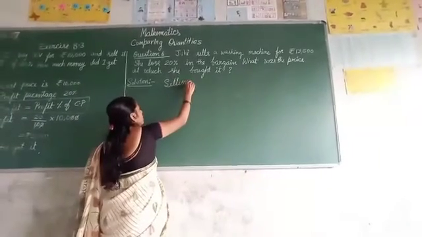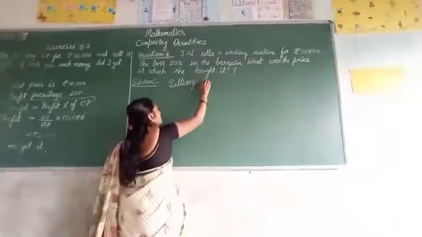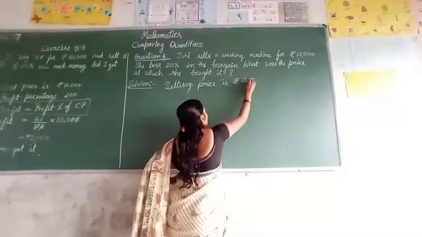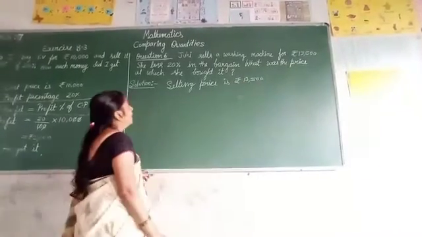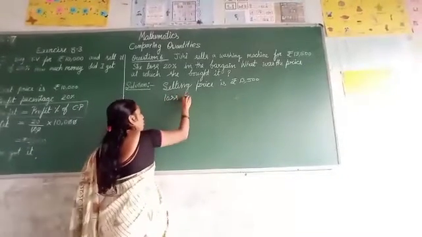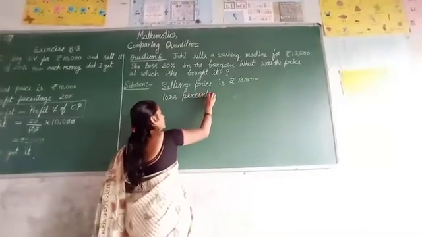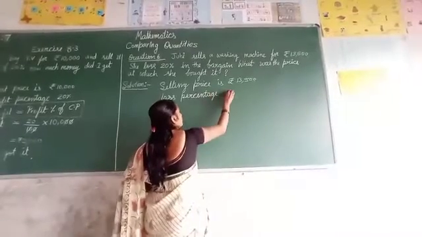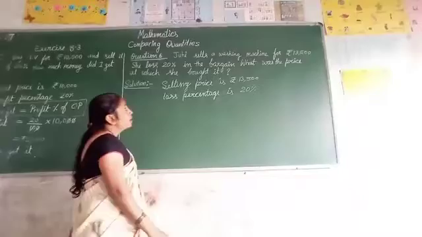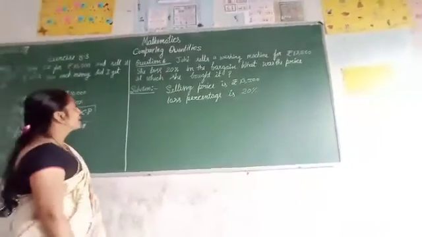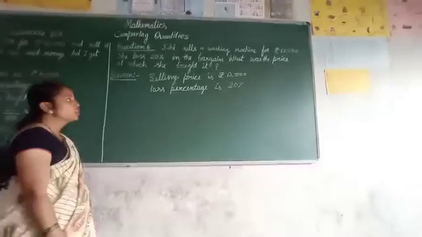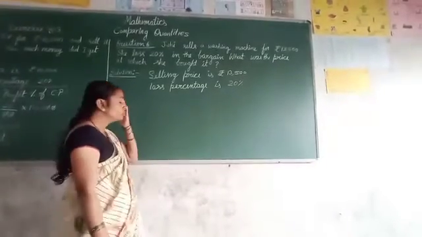Selling price is rupees 13,500 and her loss percentage is 20%. But in the bargain, what was the price at which she bought it? Which amount has she bought it for? So we have to find out both the things here.